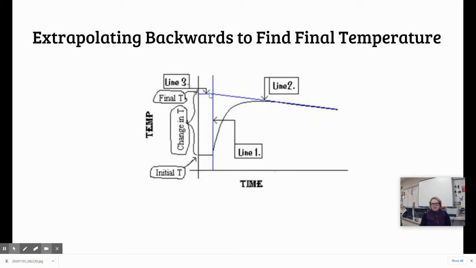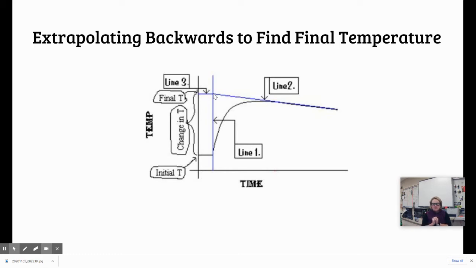Here's tangent line number 1 that you draw right after you reach your maximum temperature and the temperature starts to drop. And here is tangent line number 2, which is tangent to your initial time 0. Where those two tangent lines meet, you will get your true final temperature. And that's the final temperature that you want to use in your calorimetry equation.